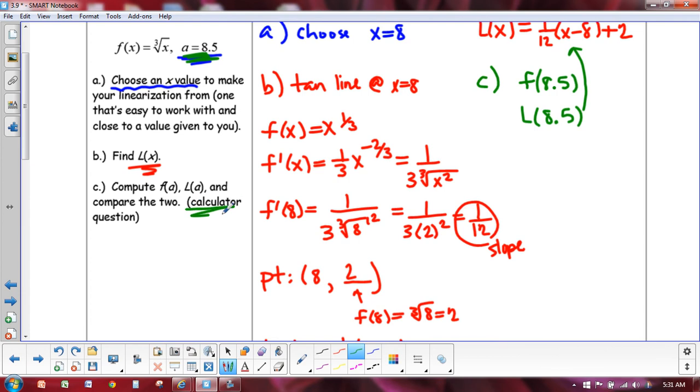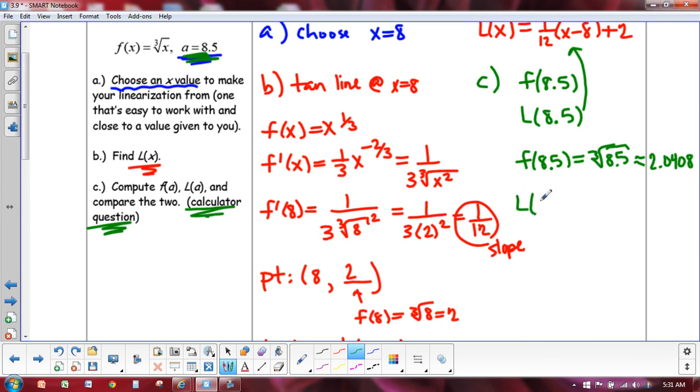Then you would be expected to do the L part without a calculator. So L of 8.5 is equal to 1/12 times 8.5 minus 8, so 0.5, plus 2. So you're taking 1/12 times 1/2, so 1/24 plus 2.